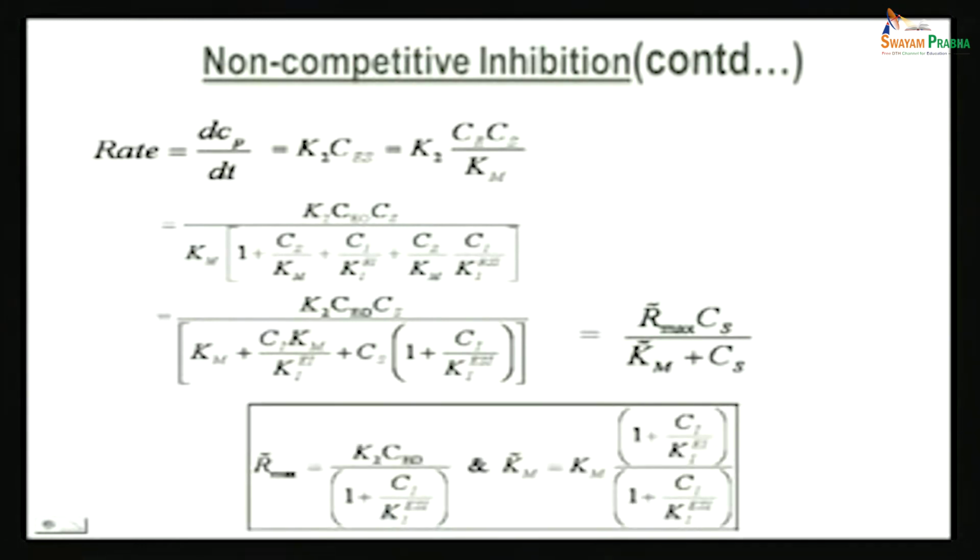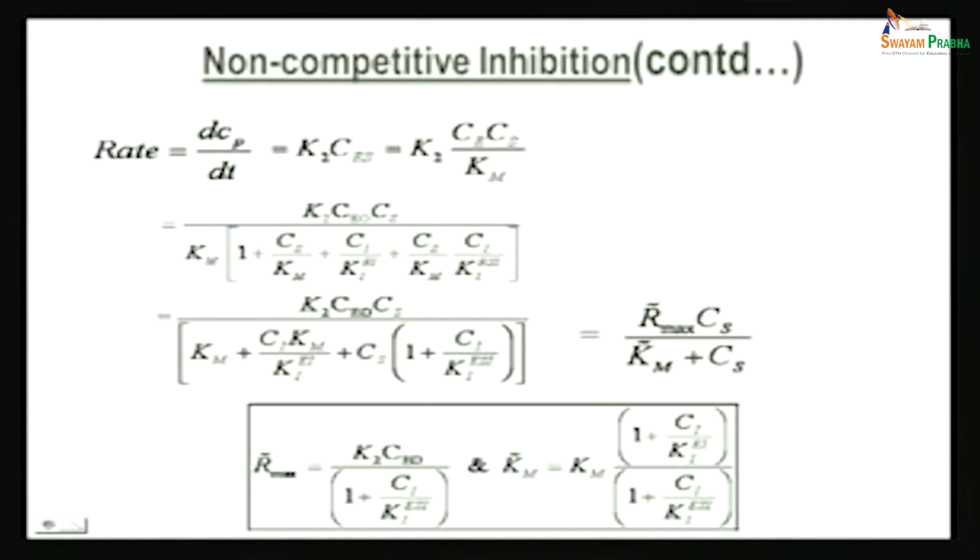So, your R max is now K2 Ce naught over this term, right, because what happens is this is the prefactor of Cs, however you want to call it. It comes with the Cs, but you want the Cs free, you do not want it with any other constant.